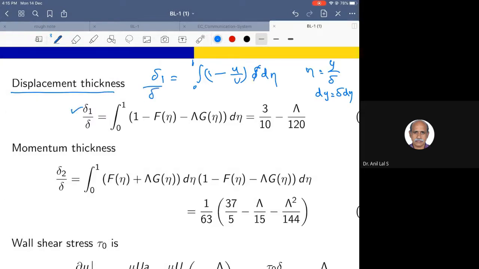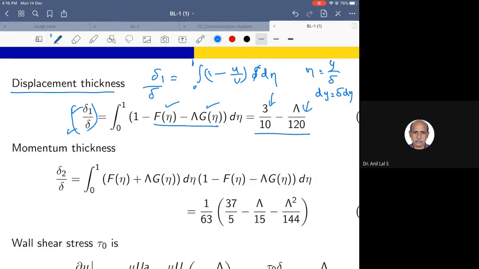So delta 1 by delta is integral 0 to 1 of 1 minus u by U, and we have this expression for it. On integration we get this as a ratio of delta 1 by delta, and you can see that there is a constant part and a function of lambda.